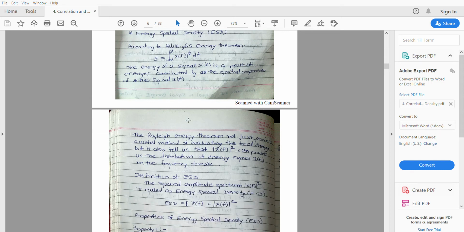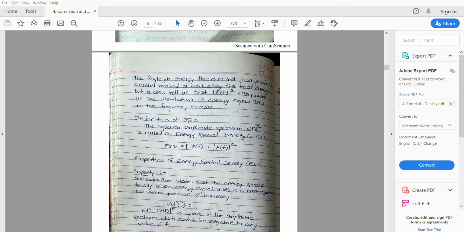The Rayleigh energy theorem not just provides a useful method of evaluating the total energy, but it also tells us that |X(f)|^2 can provide us the distribution of energy of the signal x(t) in the frequency domain.